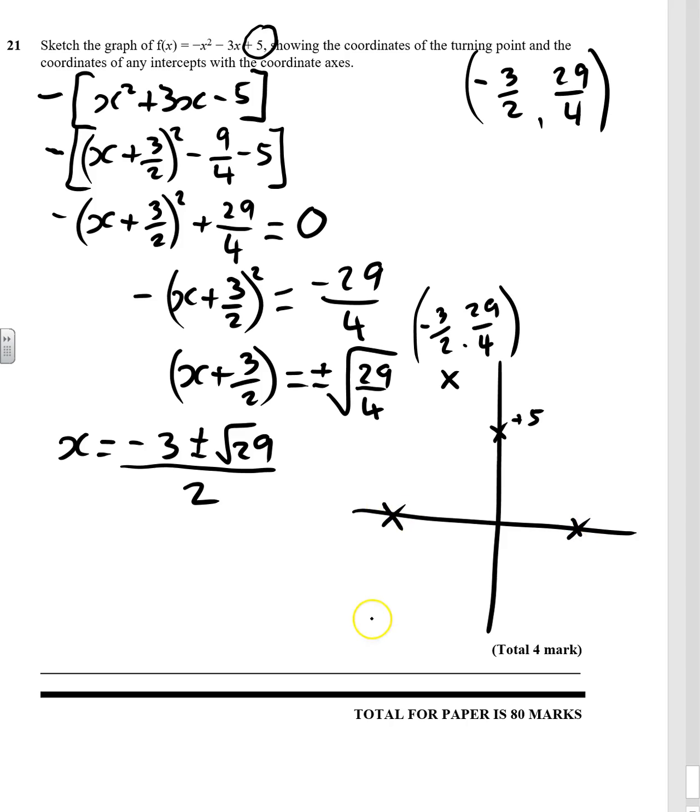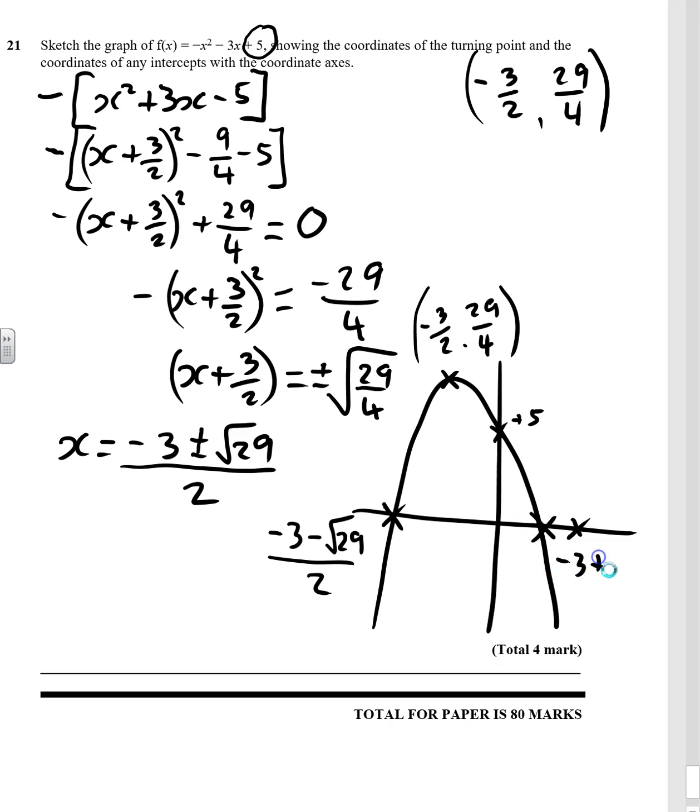So let's actually draw it. It's more like that actually, that's the point there. So this one here is -3 minus root 29 over 2, and this point here is -3 plus root 29 over 2.